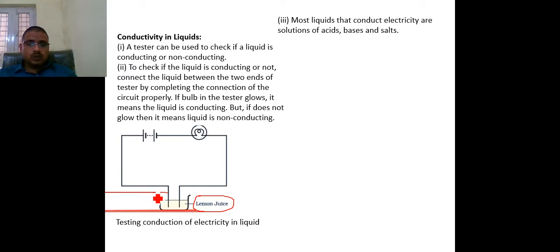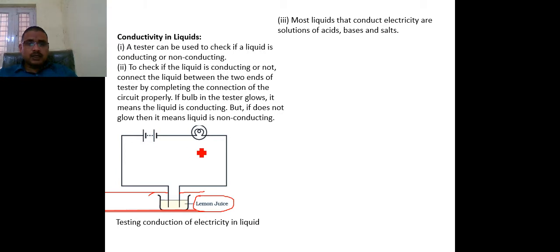Two rods, which are conductors of electricity, are taken, and one rod is connected with the wire through the battery, and the second rod is connected with the wire with the help of a bulb. This is the indication of the bulb, and when the terminal of the bulb is connected with the negative terminal of the battery, we can see that electricity passes because the bulb is glowing.